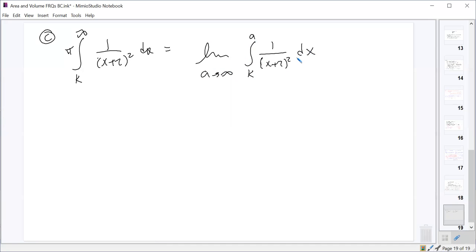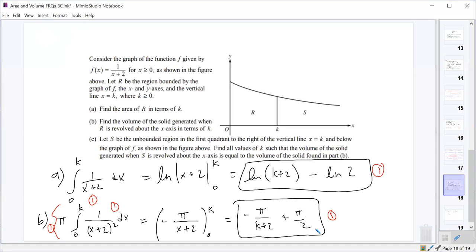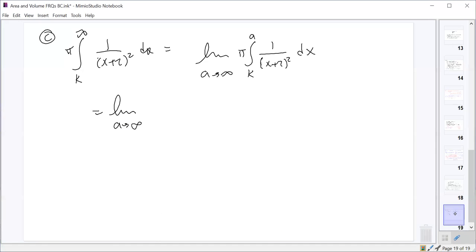And that becomes the limit as a approaches infinity. And we already said that was, I forgot my pi, negative pi over x plus 2, right?